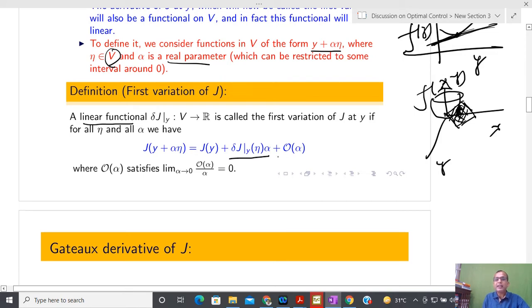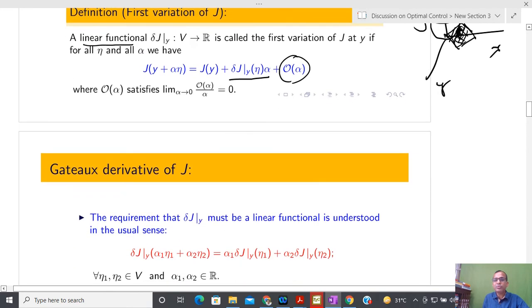And now this is the higher order term, and I am assuming that if alpha tends towards 0, then it is going to vanish.